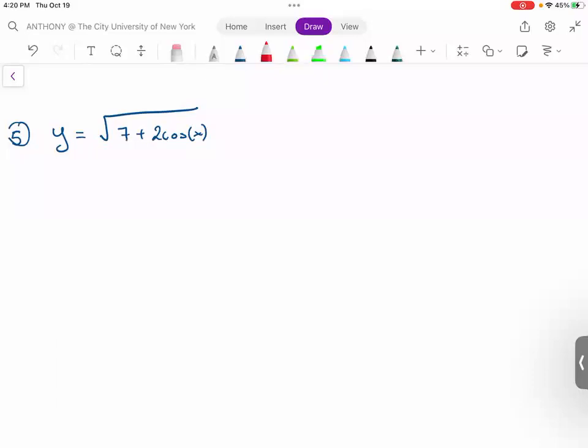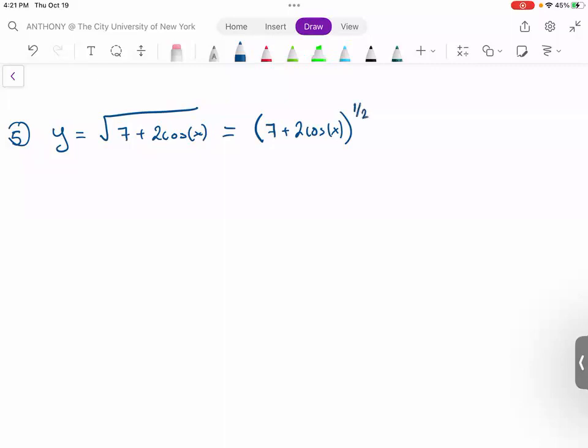So since this equation reads the square root of 7 plus 2 cosine of x, then the square root part can be written as what? Say again? 1/2. There you go.